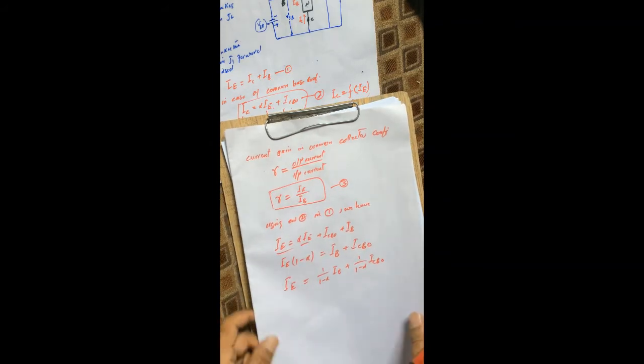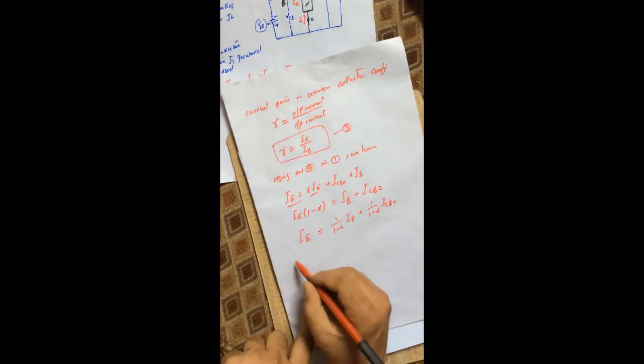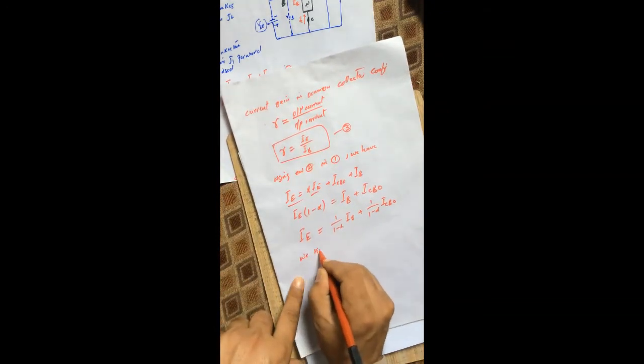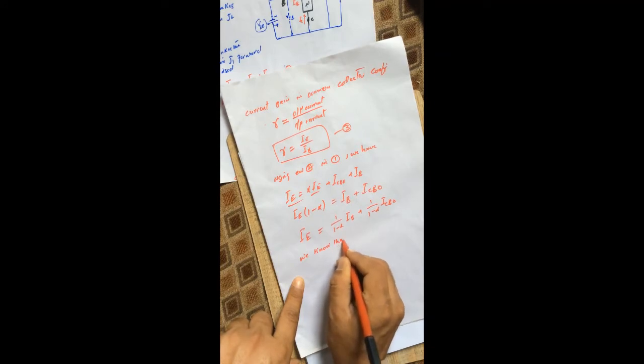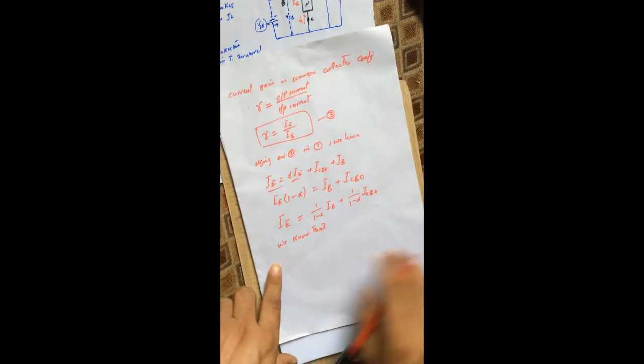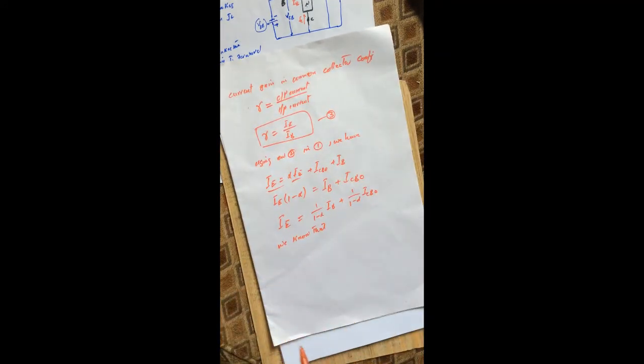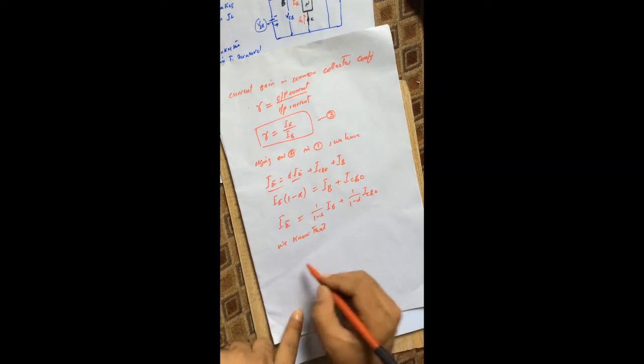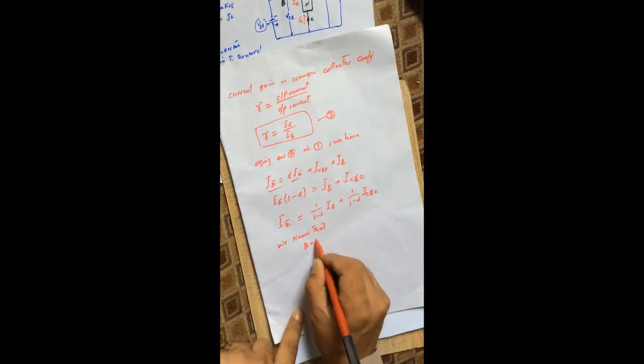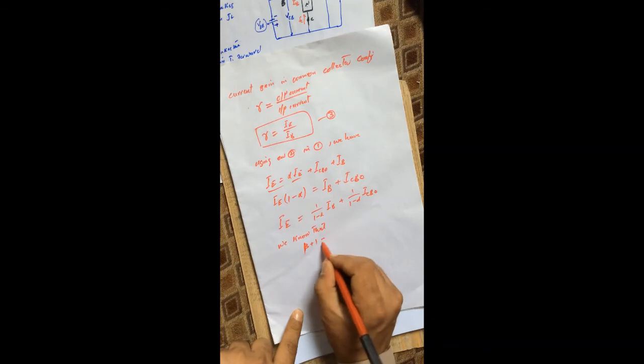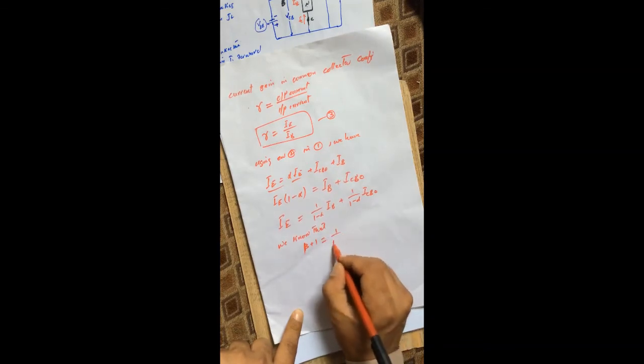Now we know, we already derived this relation in the common emitter configuration, that beta plus 1 is equal to 1 over 1 minus alpha.